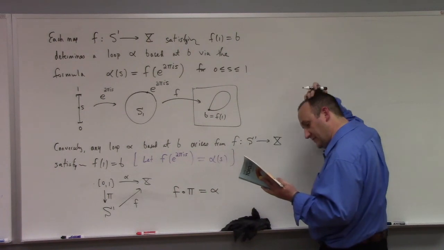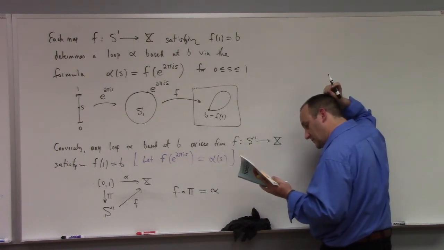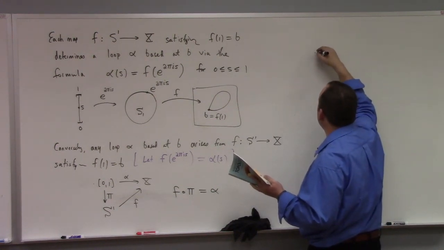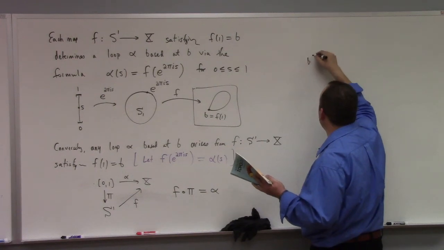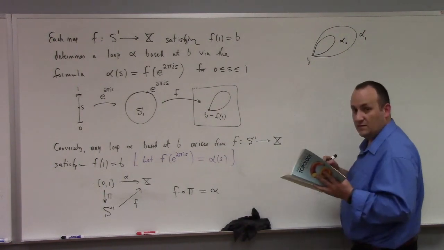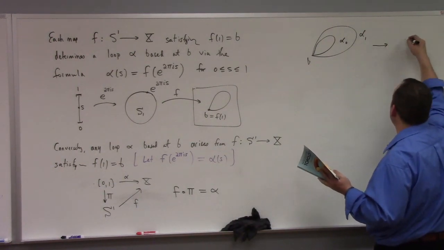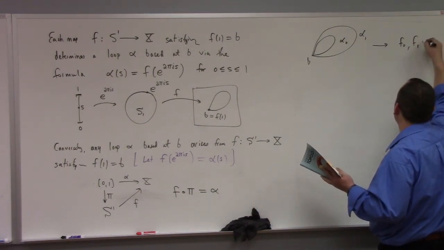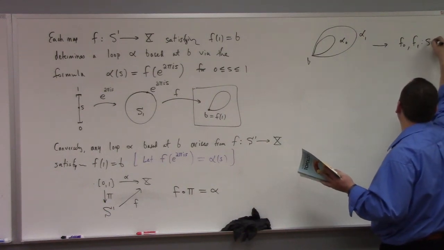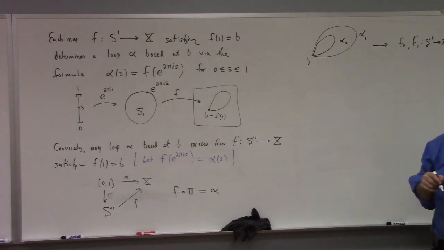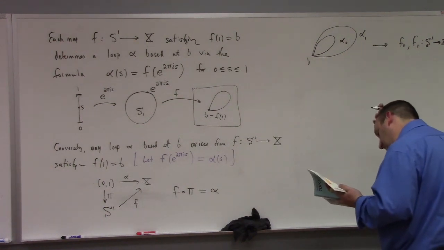Well, equivalent in what sense? What he's saying is that if you have B and you have alpha naught and alpha 1, both loops at B, that corresponds to f0 and f1 from S1 to X. He says that these two maps are homotopic in a sense.